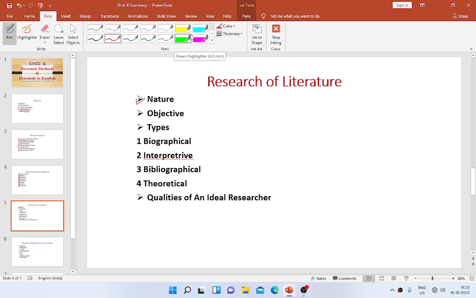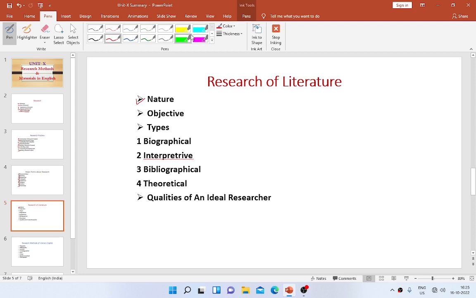Their basic tools are observation and experiment. The social sciences study man and his behavior. Observation and interview are the important tools that we use in the social sciences.